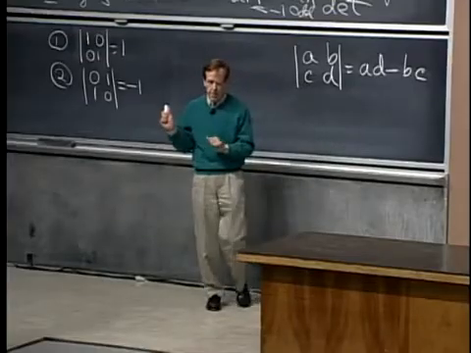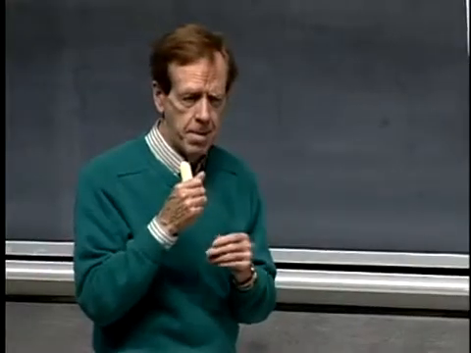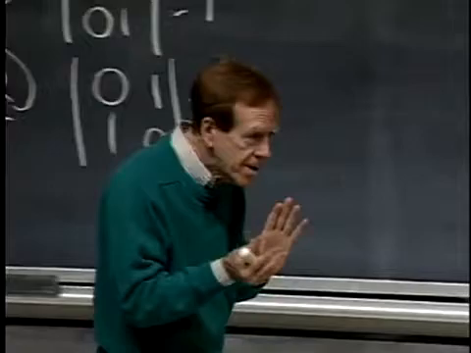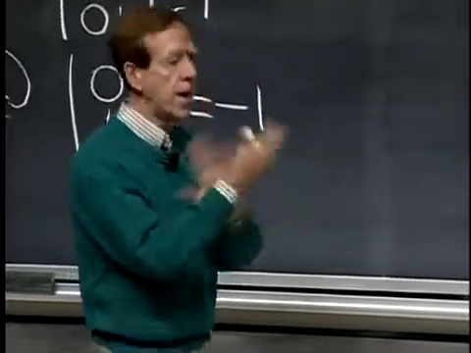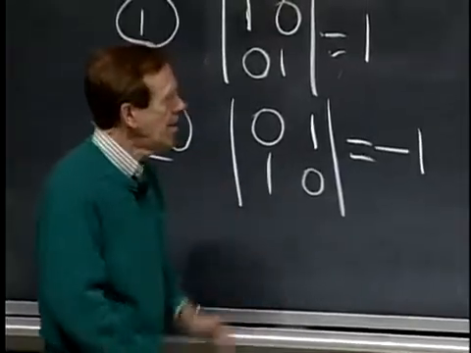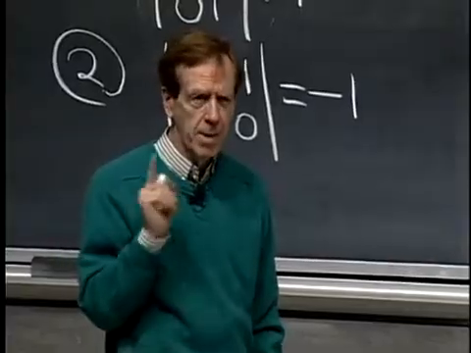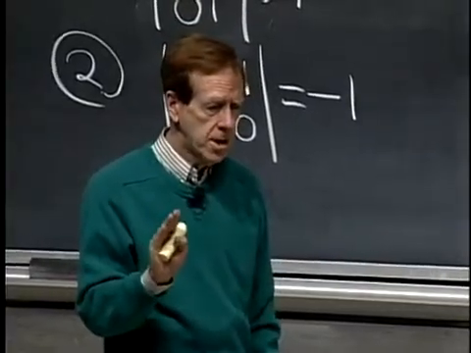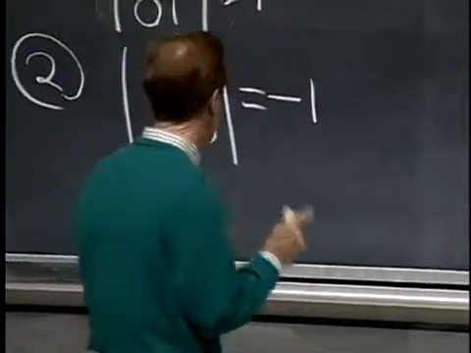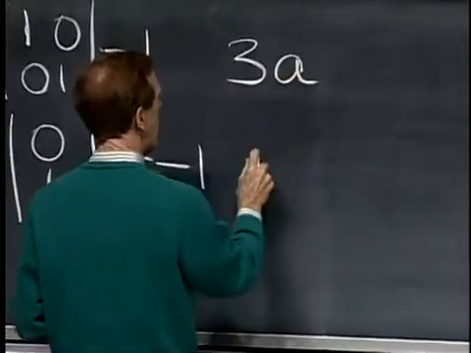But the whole point of these properties is that they're going to give me a formula for n by n. They're going to give me this number that's a test for invertibility and other great properties for any size matrix. Okay, now you see I'm slowing down because property 3 is the key property. Property 3 is the key property, and can I somehow describe it? Maybe I'll separate it into 3a and 3b.